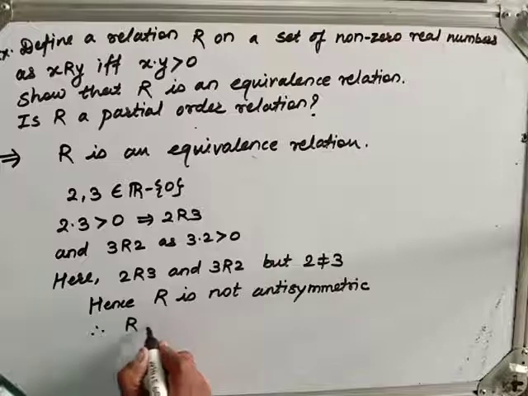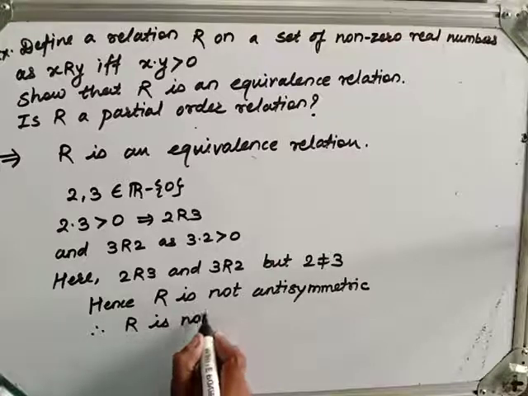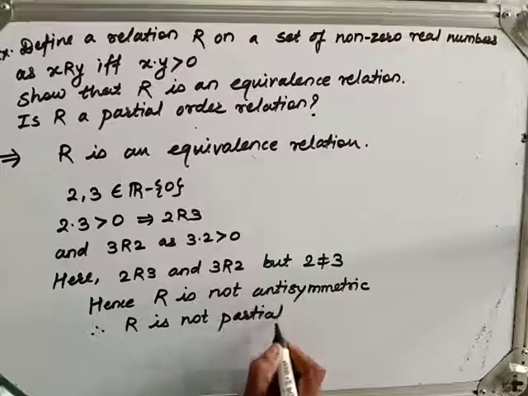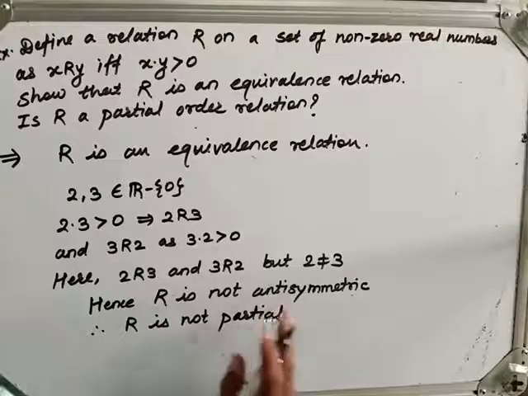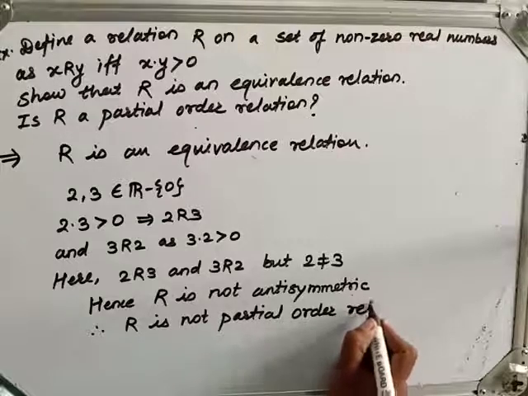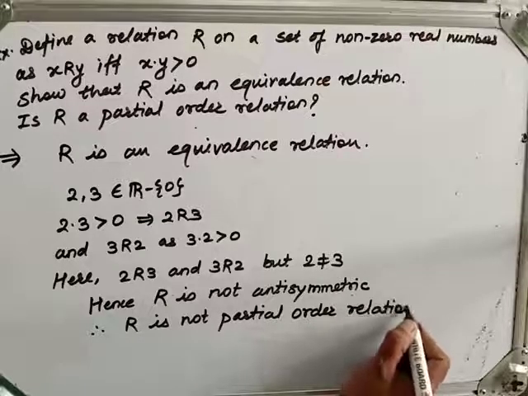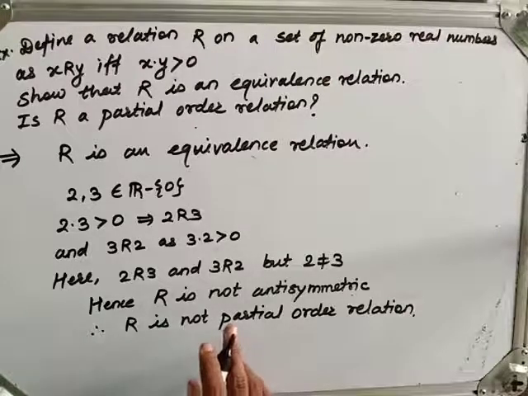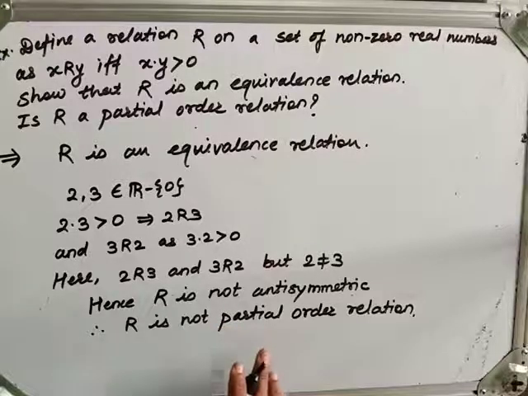Therefore R is not a partial order relation. It is reflexive and transitive but not antisymmetric, so it is not a partial order relation. So this is about the two important relations, the equivalence relation and the partial order relation.